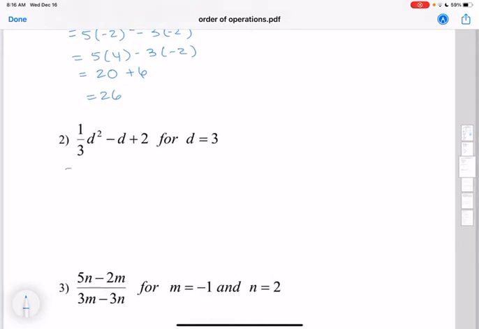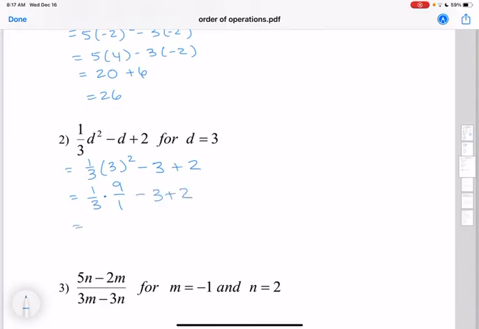Next, everywhere I see a d, I'm going to put in a 3. So I have 1/3, and then fill in that 3 squared minus 3 plus 2. So I have 1/3. With the 3 squared, since I'm multiplying it by this fraction, I'm going to go ahead and put it over 1 just so it's a little bit easier for me to reduce. So I have 9/1. Then that -3 plus 2.